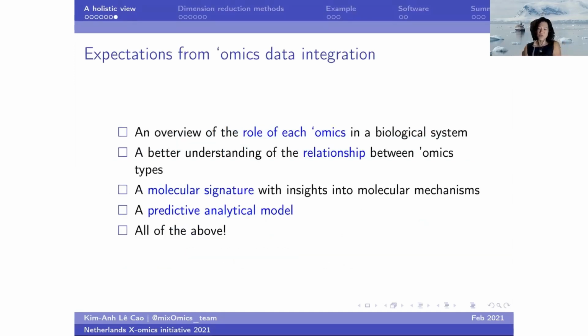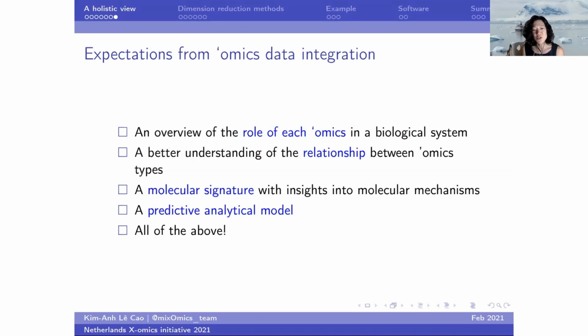But before you go into that field, I think you really need to ask yourself the question, what is it exactly that you would like to get from this kind of analysis? Some researchers might be interested in understanding the role of each omics in the biological system, or trying to understand the relationship between these different omics types.